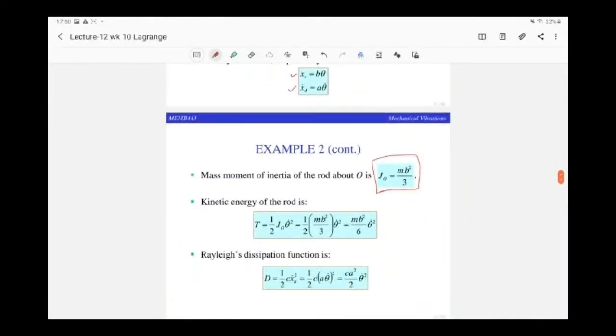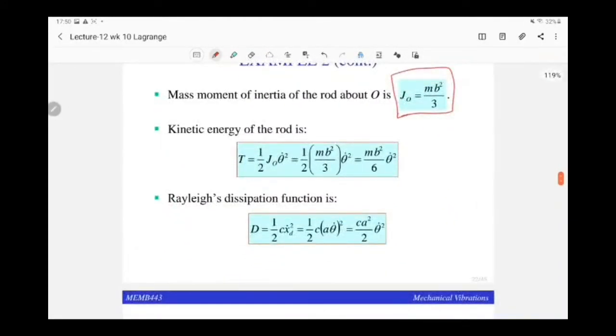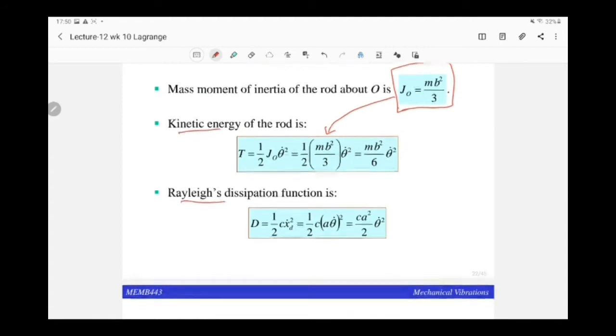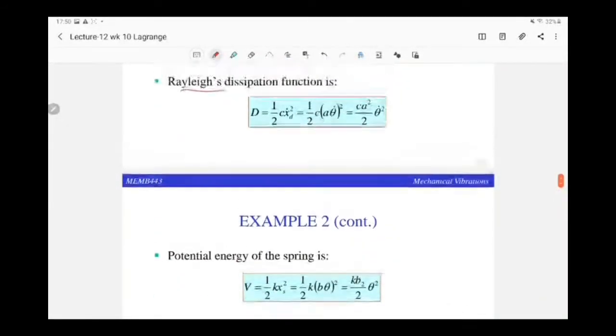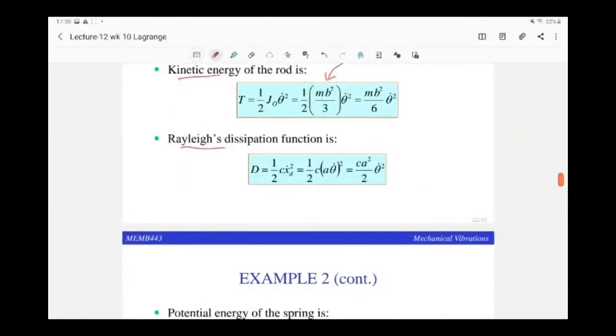Then you have the kinetic energy of the rod, which has a J naught theta dot. You can substitute what J naught is here and simplify that, and you have the Rayleigh's dissipation function. Basically you write down all the kinetic energy and the Rayleigh's dissipation function in terms of the values that we have expressed.